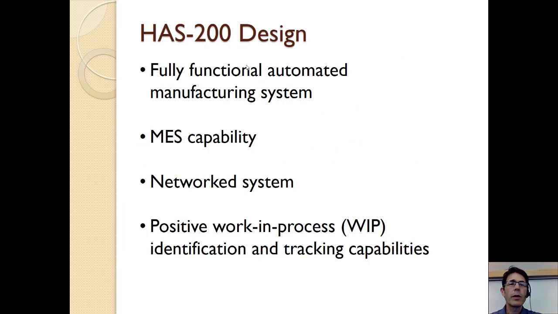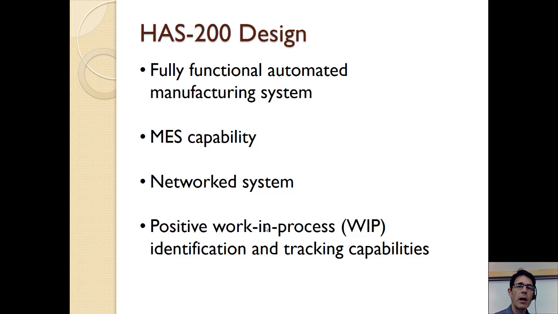So what we have with the HAS 200 is a fully functional automated manufacturing system. It has capability all the way up through manufacturing execution system, MES. It's a networked system, and when it's running in this fully automated mode, it has the ability to track all the products.